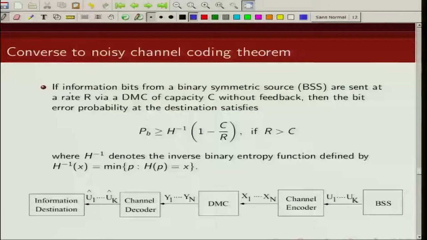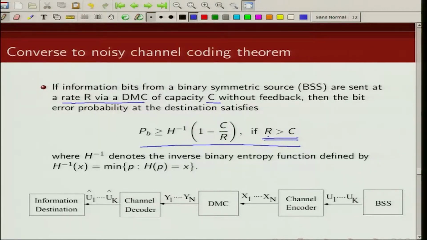So if information bits from a binary symmetric source are sent at a rate R via a discrete memoryless channel whose capacity is C, then probability of error is lower bounded by H inverse of 1 minus C by R, where the transmission rate is above capacity.